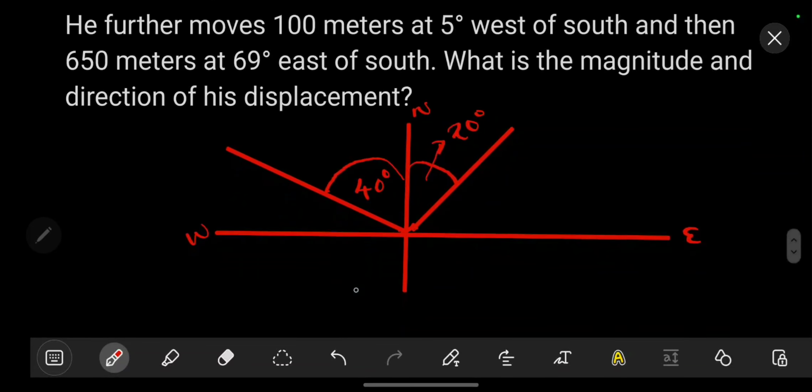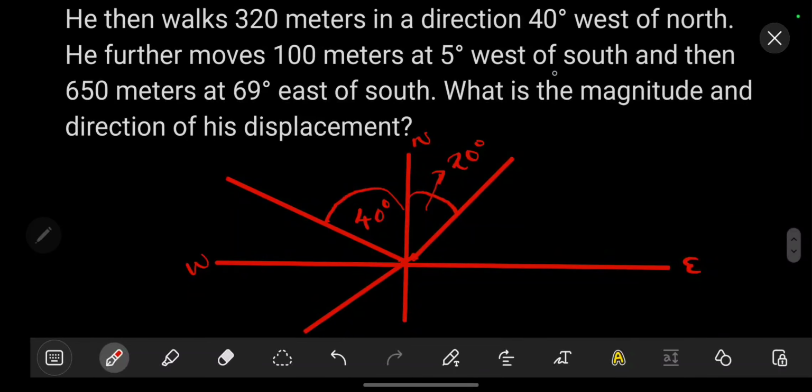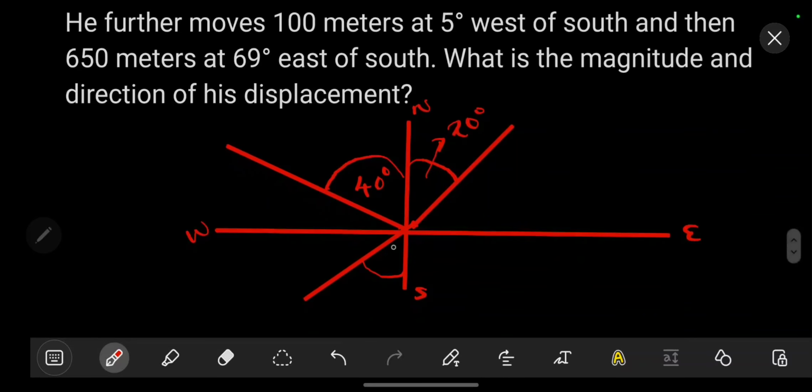So west of south, the south is here, then we are going to have something like this. West is here. We are going to be moving in this direction. Now 5 degrees west of south means begin at your south, go towards the west. So our 5 degrees is here.